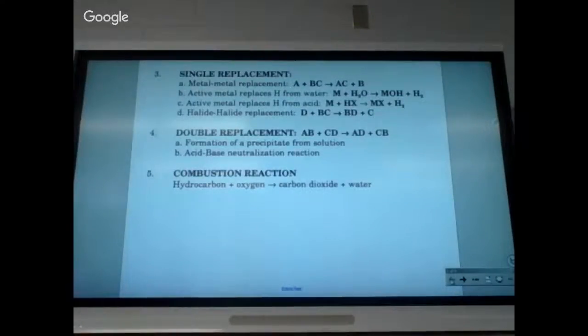What does it say next to number 4? Double replacement. And number 5 is combustion. What does it say next to combustion? A hydrocarbon plus oxygen, and what are the two products? Carbon dioxide. So if you forget, you have a place you can look.